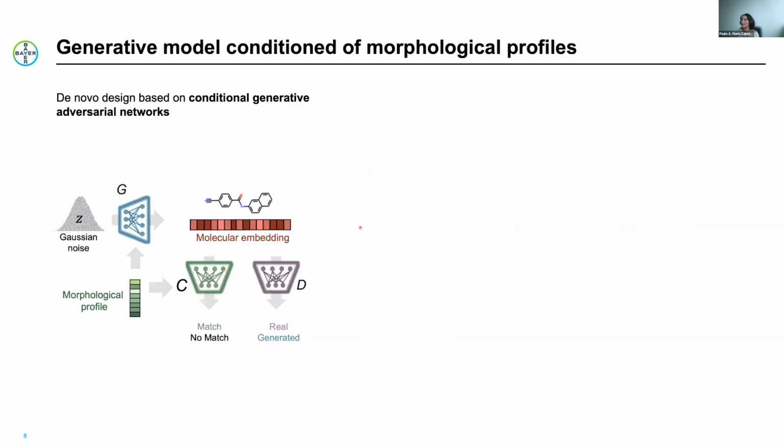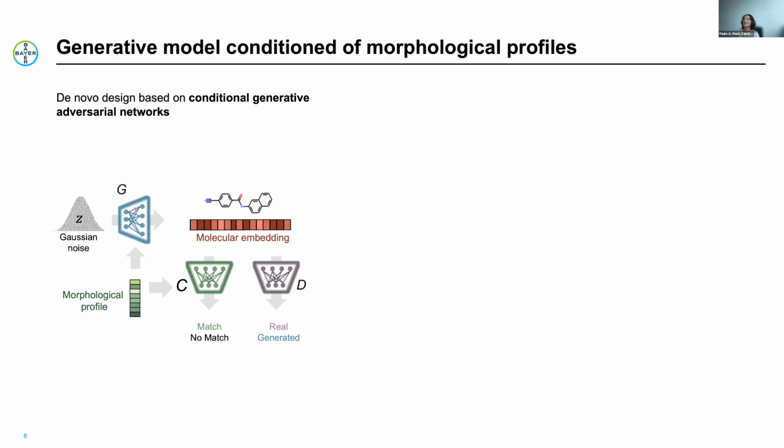To tackle this, we decided to train a generative adversarial neural network conditioned on morphological profiles. This is the overview of the model. We have a generator network that takes as input Gaussian noise and a morphological profile and produces a molecular embedding that represents molecules, and I will talk about this embedding later.